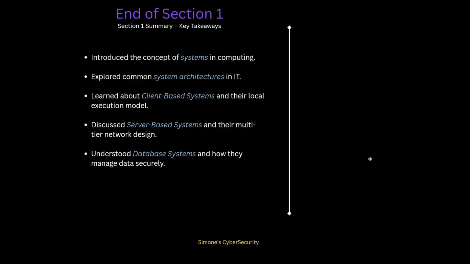Database systems hold massive amounts of valuable data, which is the reason databases have very high hack value for attackers, and which is why protecting them with strong controls is so critical. So by understanding these three main architectures, client-based, server-based, and database systems, we have built a foundation for how systems work, how they interact, and where their vulnerabilities lie.